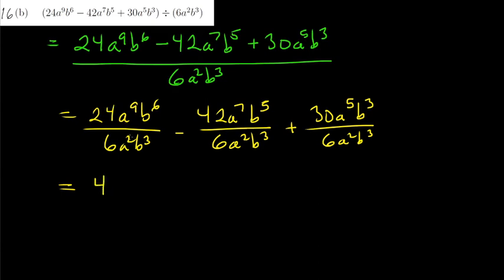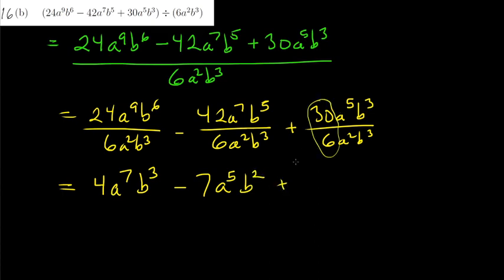A to the 9 divided by a to the 2 is a to the 9 minus 2, and we can do that in our heads, right? 9 minus 2 is 7. Times b to the power 6 minus 3, which of course is just 3, right? So 4a to the 7 b to the 3, minus 42 divided by 6, right, is 7. And then a to the power 7 minus 2, which of course is just 5, right, times b to the power 5 minus 3, which is b to the 2.